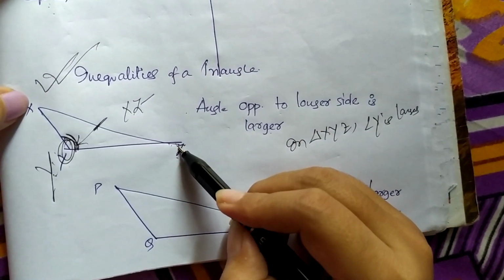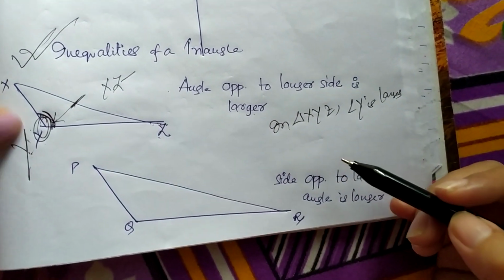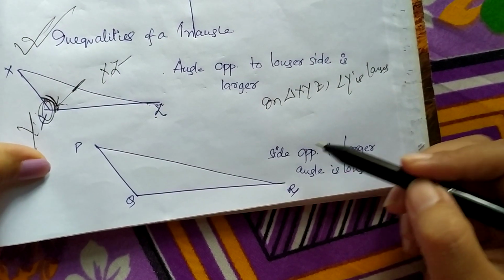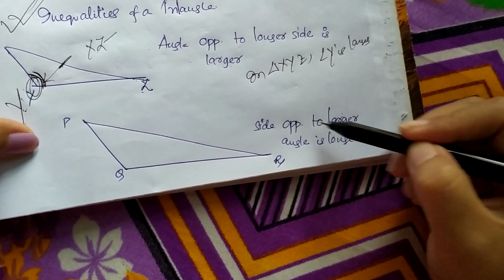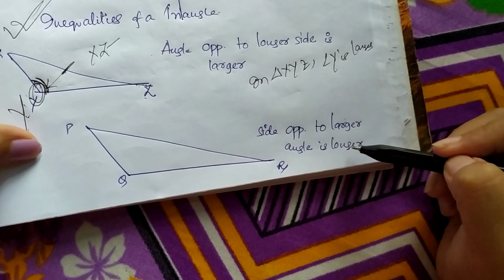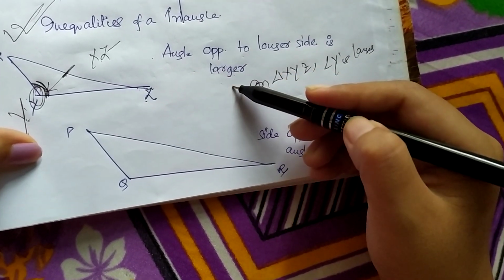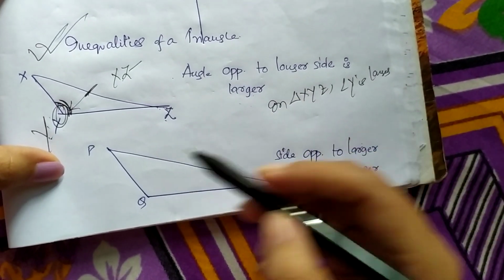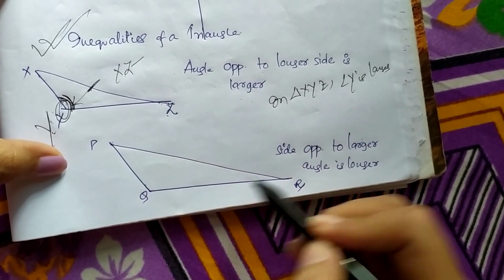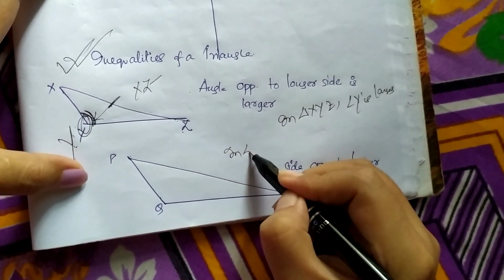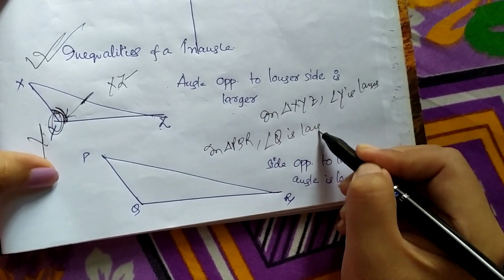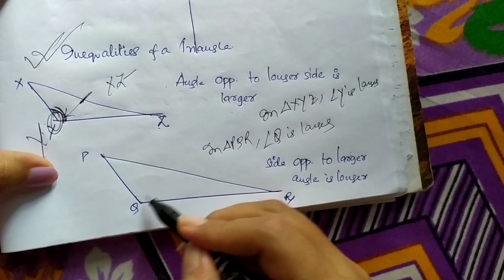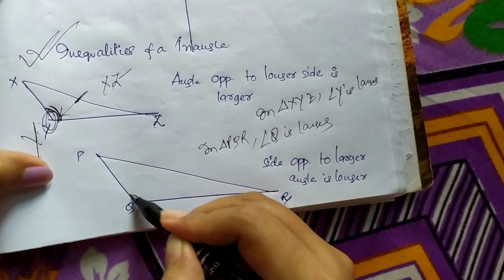This is the property. Moving on to the second property, which is the last property, what has been said is that the side opposite to the larger angle is longer. This is the inverse of the previous property. As in the figure of triangle PQR, we can obviously say that angle Q is the larger angle.